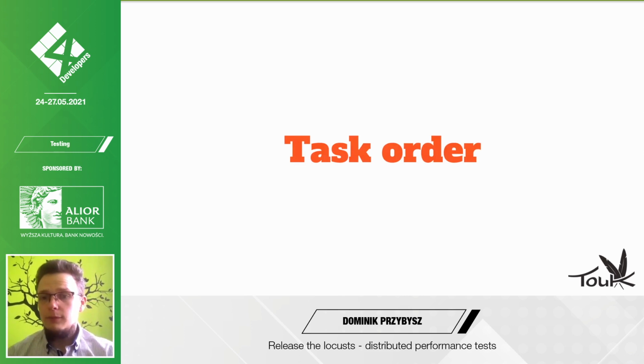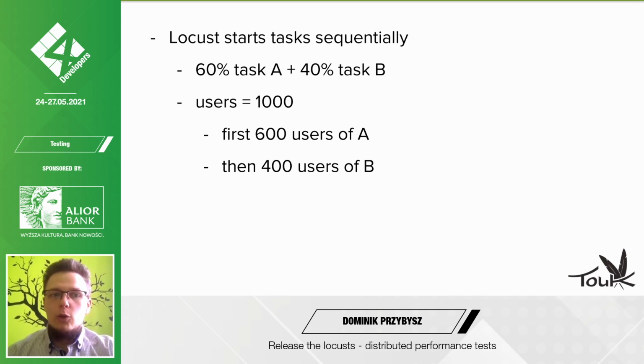Okay, another problem that we had is a problem with task order. Let's imagine we have 60% of task A to run and 40% of task B to run. We want to run 1,000 users, and we will see that Locust first will start 600 users of task A and then 400 users of task B. So if you have two tasks on your chart, first you will see only one, and then the next one will be growing.